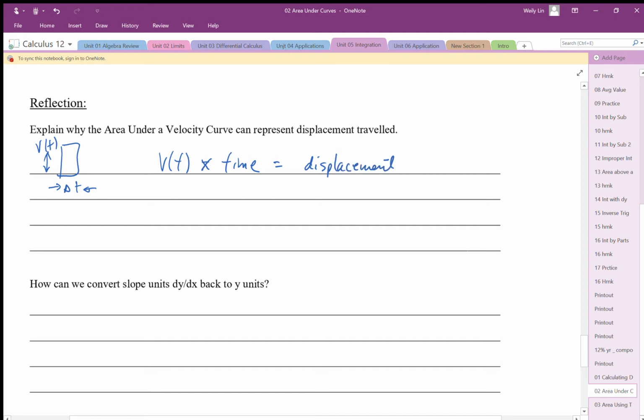We know that this area is equal to velocity times time, so that area must then represent displacement.